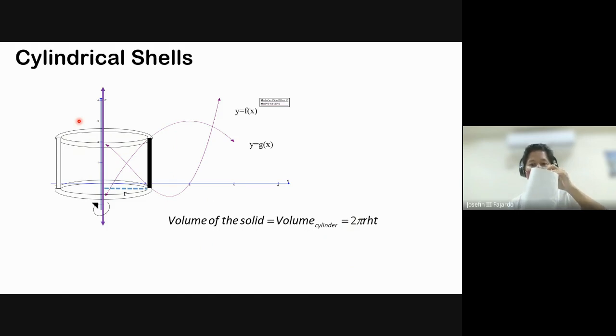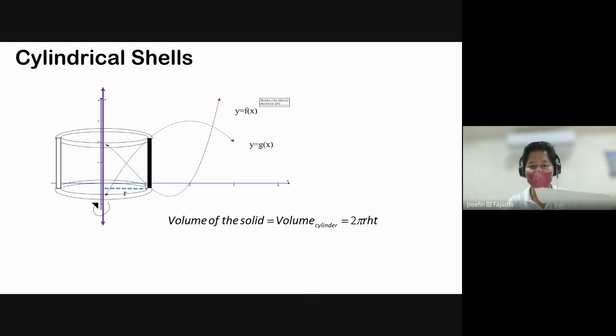To find the volume of this, it's just the same as getting the volume of a flattened sheet. Can you imagine that? Okay, so basically what we are getting is the volume of the sheet. The volume will just be the length times the width times the thickness.